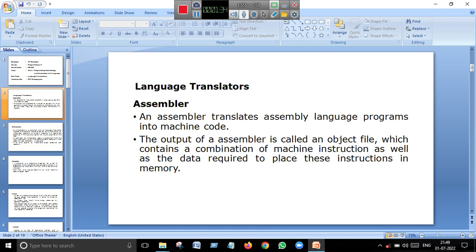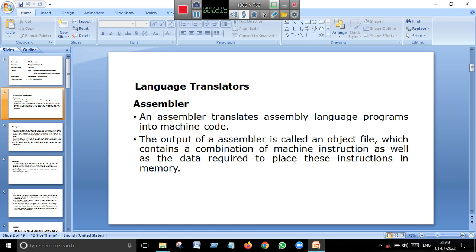After that, what is a language and the types of languages, and the difference between high level languages and low level languages, and the advantages of high level languages over low level languages.